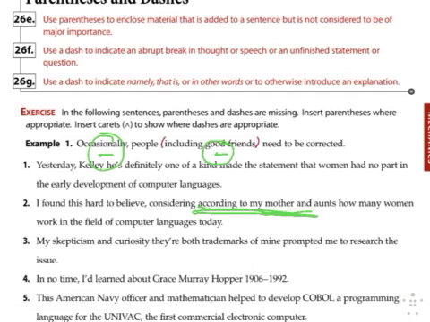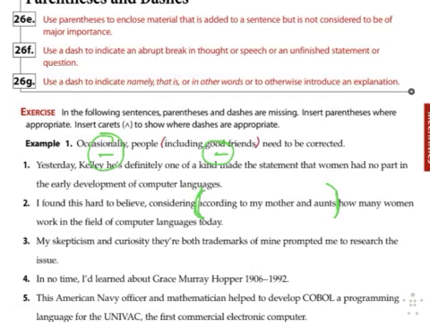Not really, because it's not like we're citing people in reality here. So in this case, we would probably put these in the parentheses, according to my mother and aunts, because I could take that out and say, I found this hard to believe, considering how many women work in the field of computer languages today. That would make sense without it.